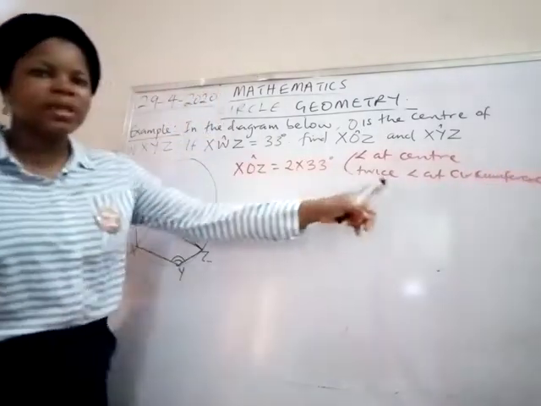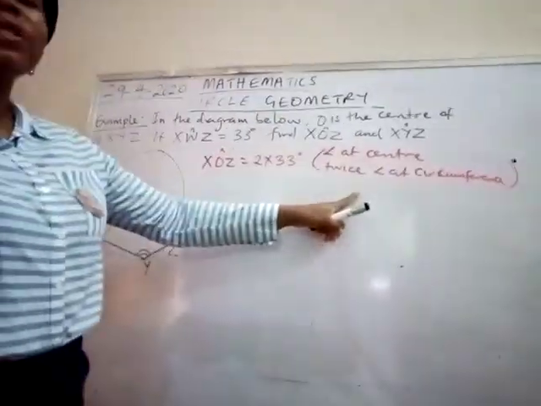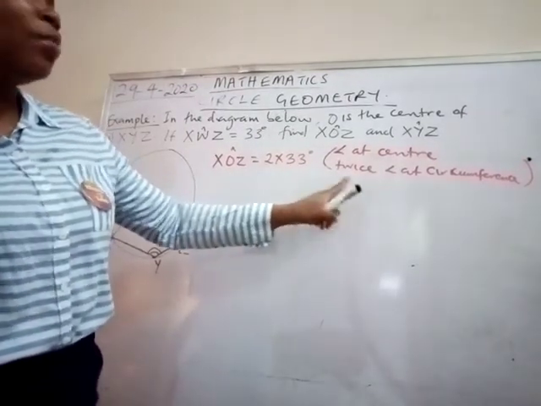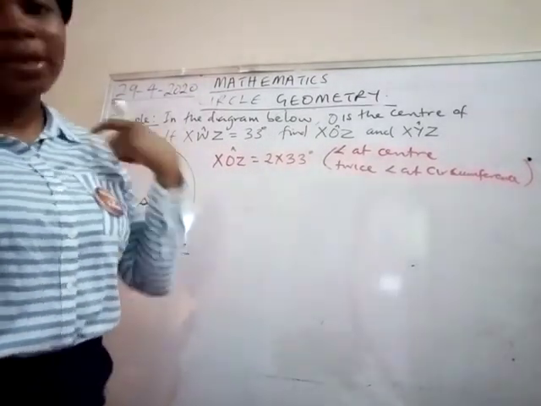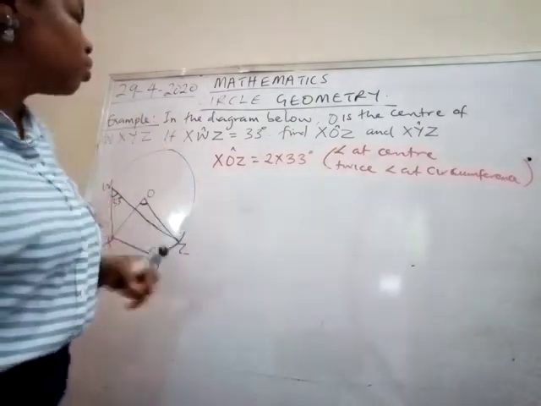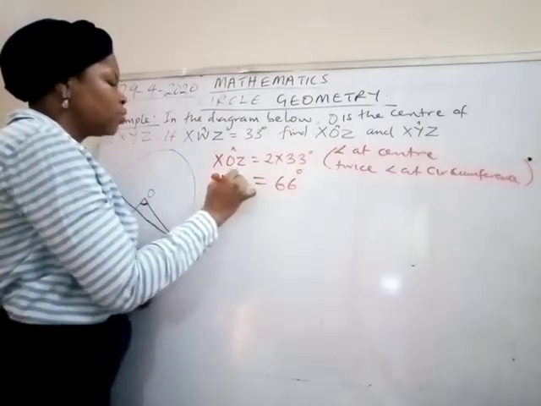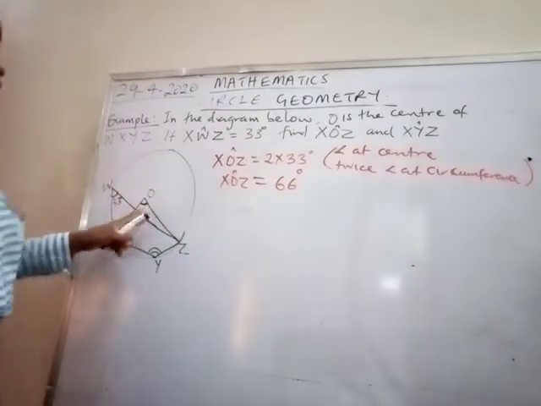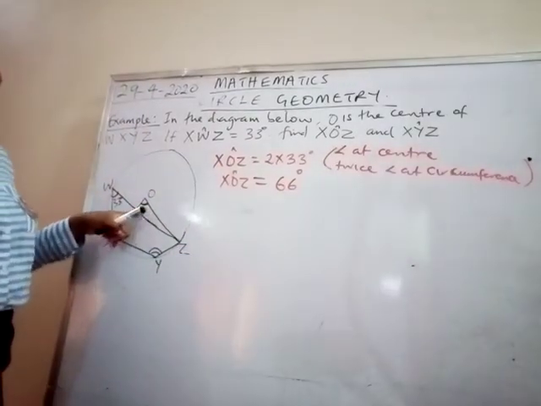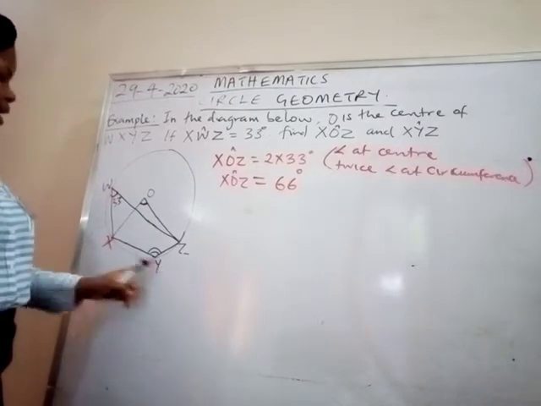This reason is very, very important. Without this, you are not going to get a correct answer, a full mark. So we have 66 degrees. So my XOZ, that is the angle at O, is 66 degrees for this arc XZ.